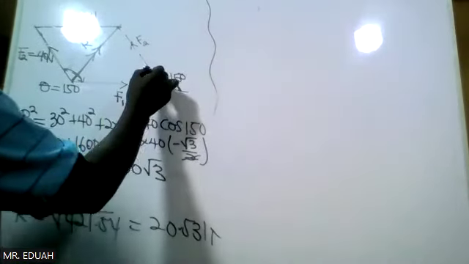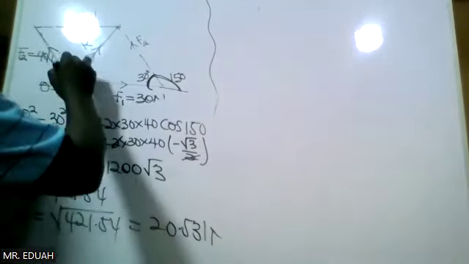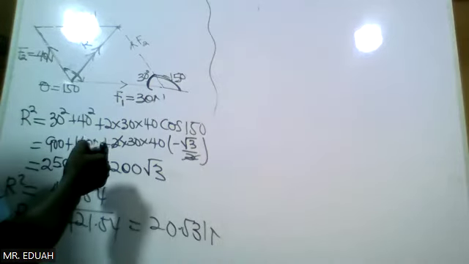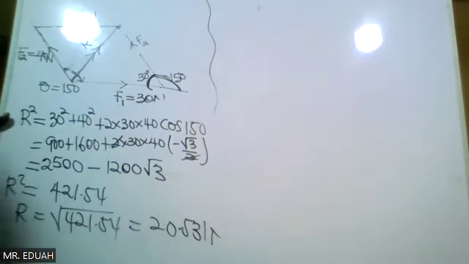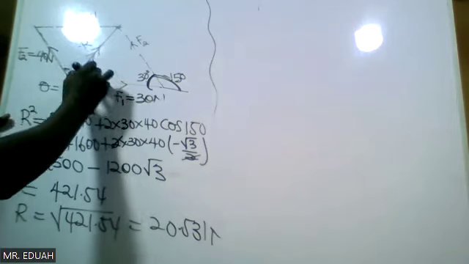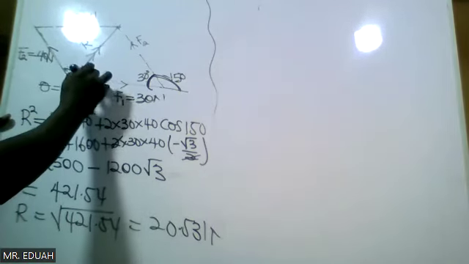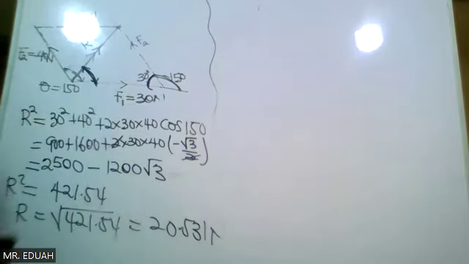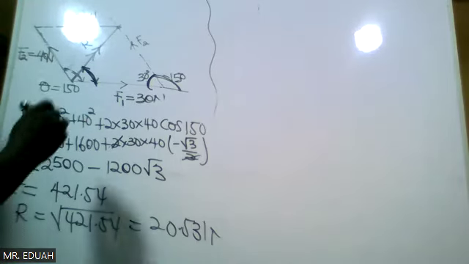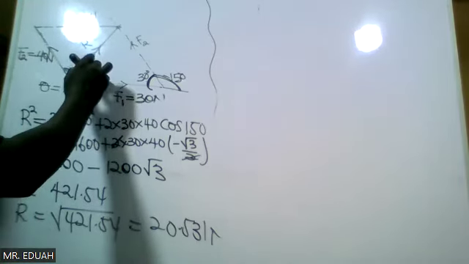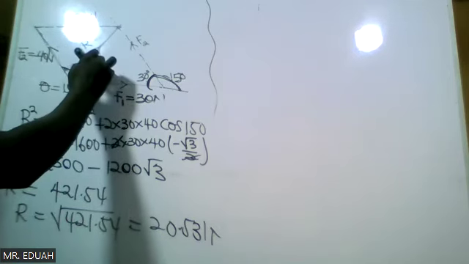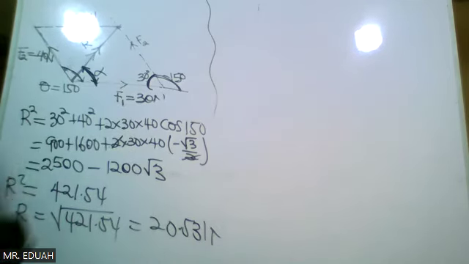So we have this angle 150 and this 30. We are looking for the direction of the resultant, this angle. Will the angle be greater or less than 150? By your visual judgment.